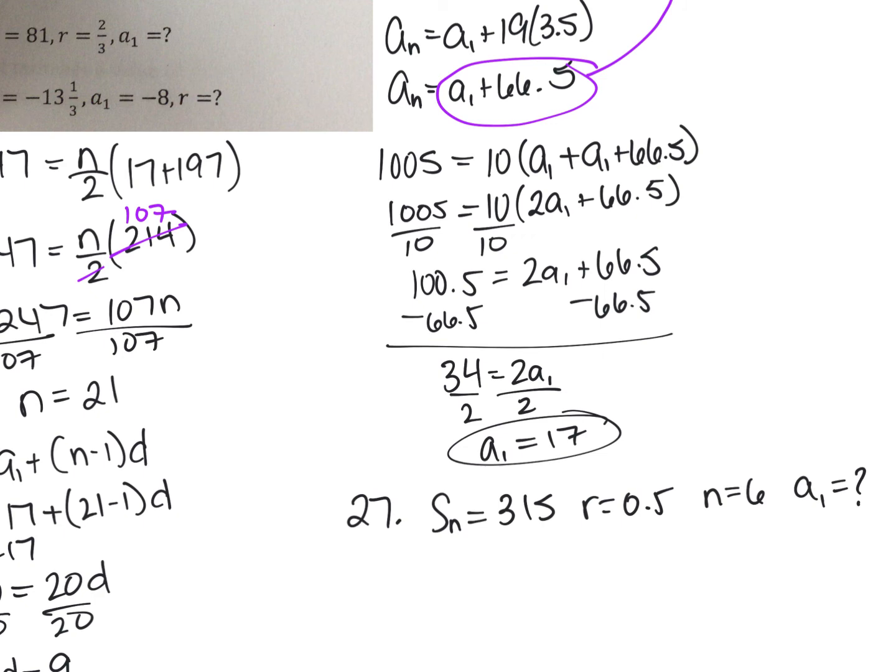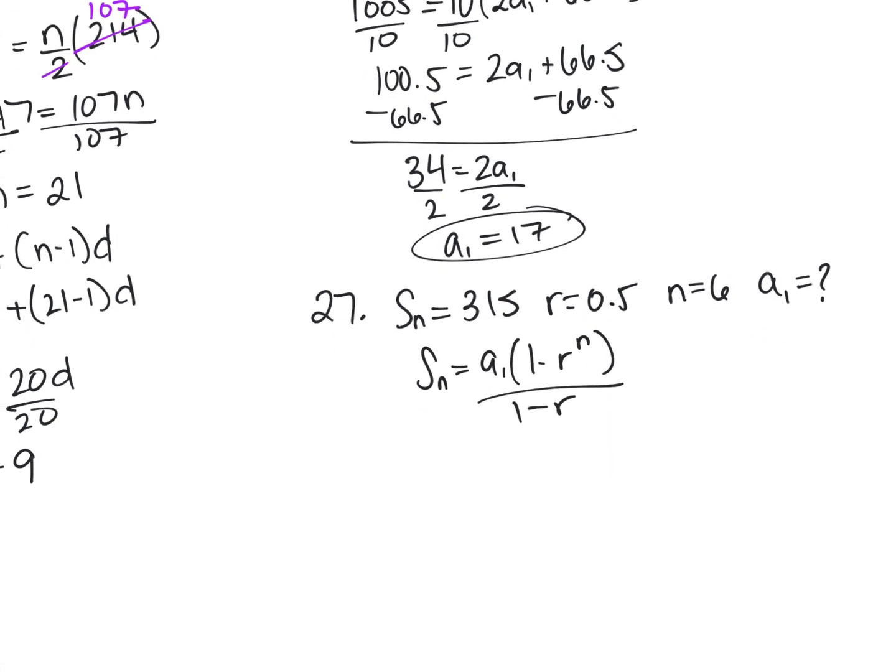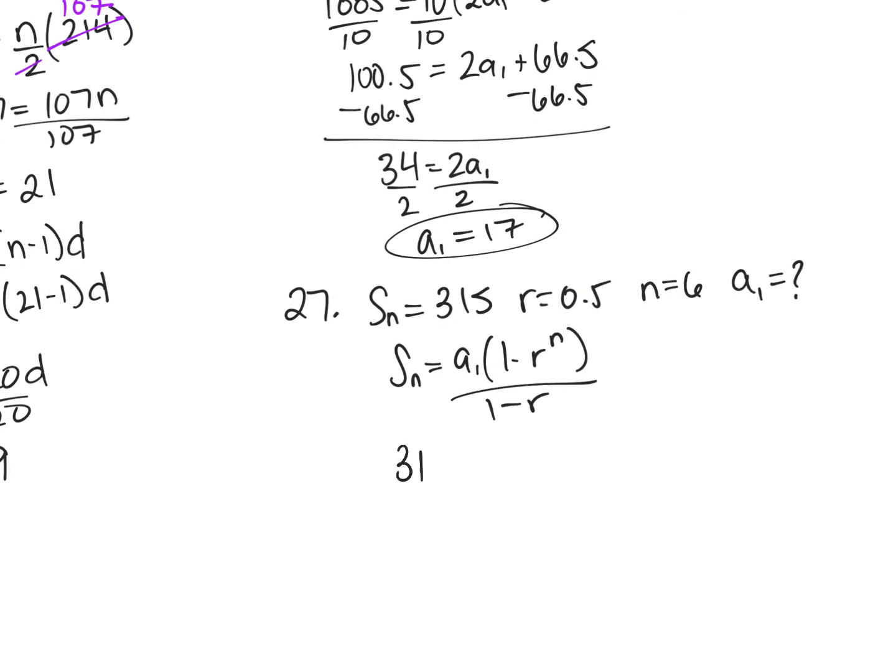That means I'm geometric. We're going to use our S_n equals a_1 times 1 minus r to the n, over 1 minus r equation. So S_n is 315 equals a_1, what I'm trying to find, times 1 minus 0.5 to the 6th over 1 minus 0.5.